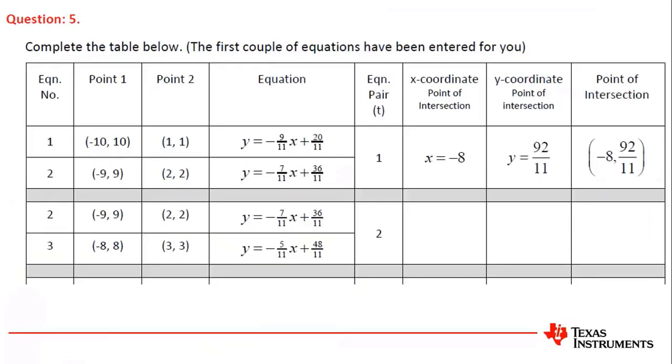One of the aspects of question 5 on the worksheet is to start filling in values on a table. And you can see these examples are from the actual equations that you've been dealing with in Activity 1 and Activity 2.